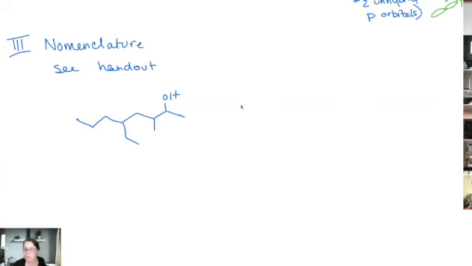Okay, we're good? All right, so let's go through the steps. Let's identify our longest chain. So start anywhere you want and go along your molecule until you find the longest chain. 2, 3, 4, 5, 6.